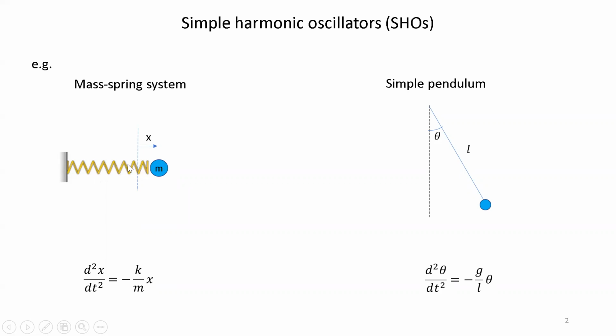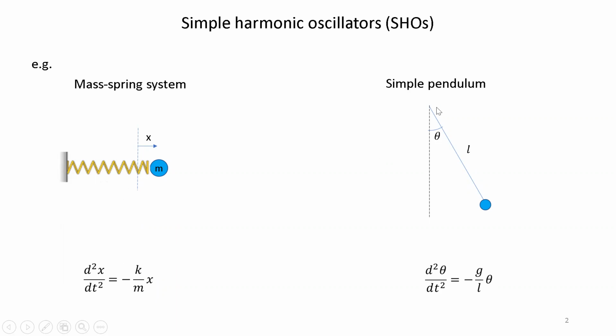The reason why it oscillates like this is because there's a restoring force acting on this mass by the spring, and that restoring force is given by minus kx. Then this is the equation of motion you get. I'm sure that you're familiar with it.